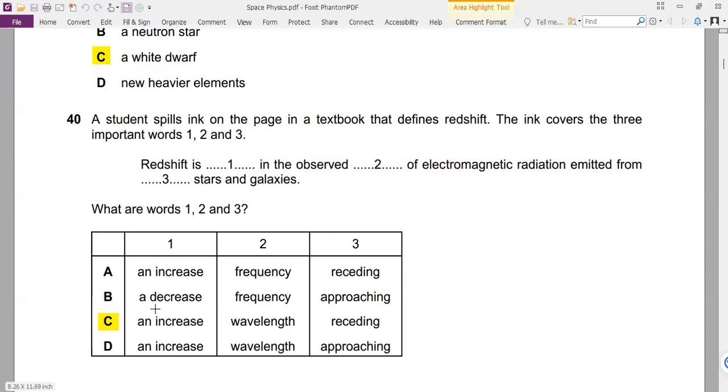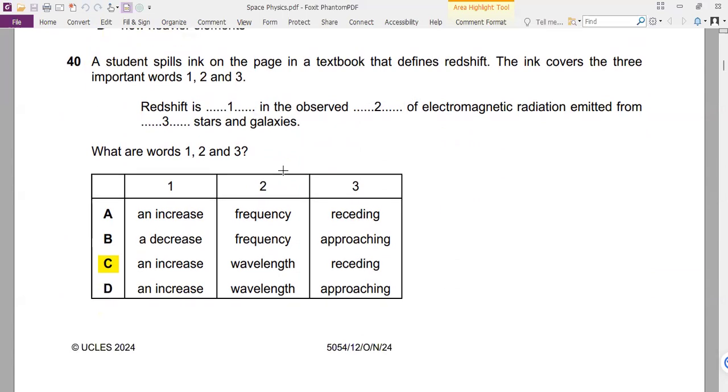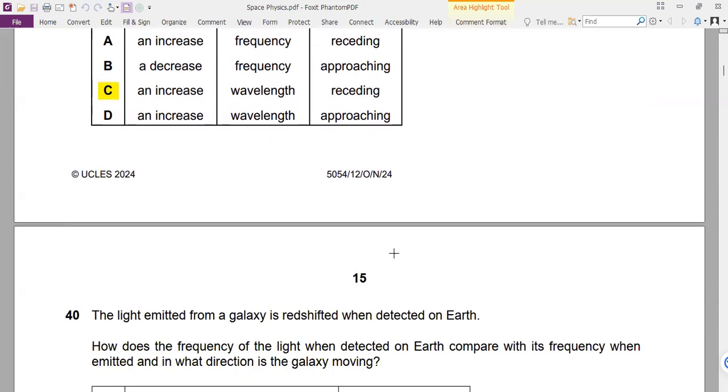Redshift definition: it is an increase in the observed wavelength of receding galaxies. That is why it is called a redshift. So an increase in the wavelength is redshift and an increase in the frequency is blue shift.